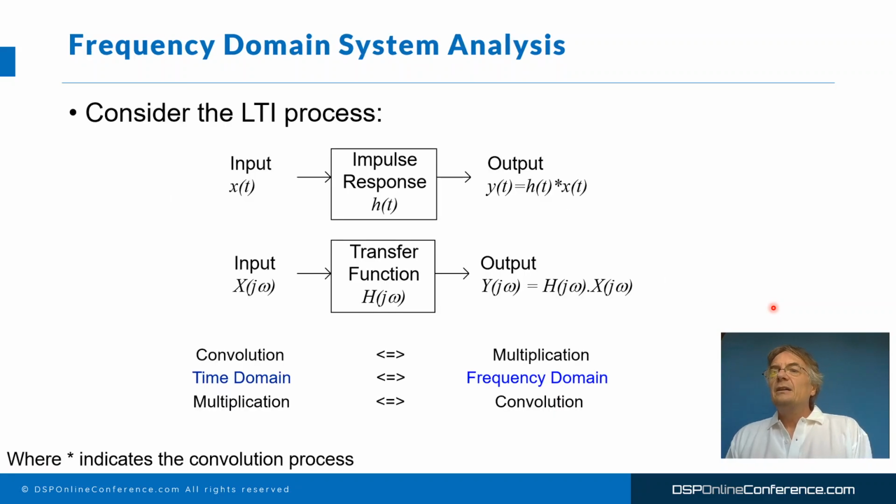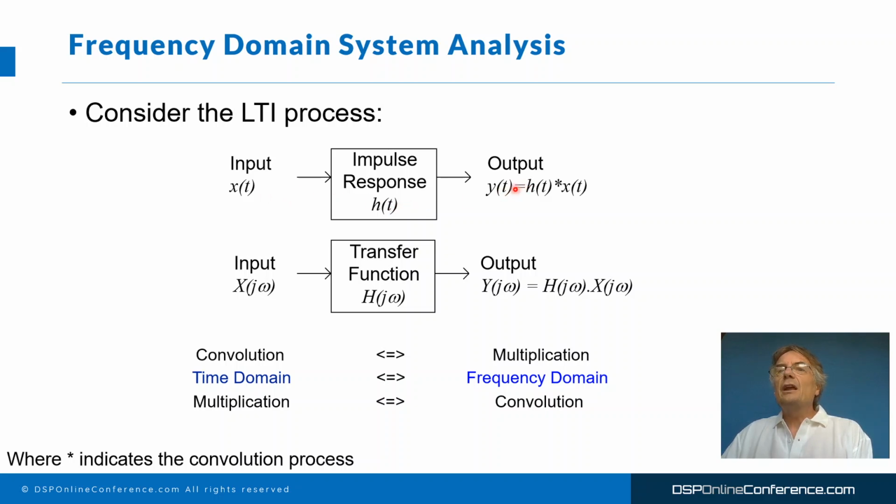If we look at the maths, and this slide really compresses the first chapter of almost every DSP book that's available, where we talk about linear time invariant systems or processes. If we have our input sequence in the time domain passing into a system, it could be any system, a machine, a control system, a filter, it will have an impulse response.